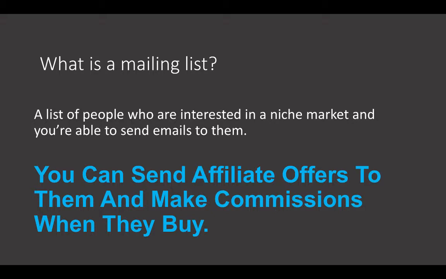You could be in, let's say, muscle building, fitness. You could have a list of people who are interested in fitness, and you have their email addresses. And if there's a product, say on ClickBank, that's related to fitness, you can choose that and email it to them. And if they decide to buy, you just make commissions from that, right?